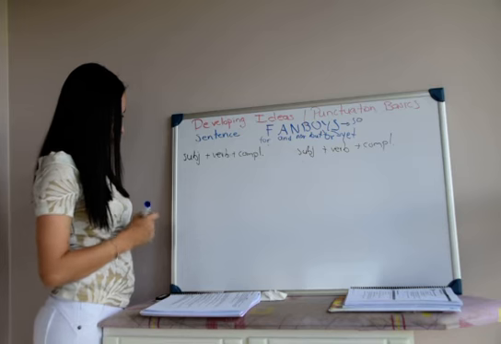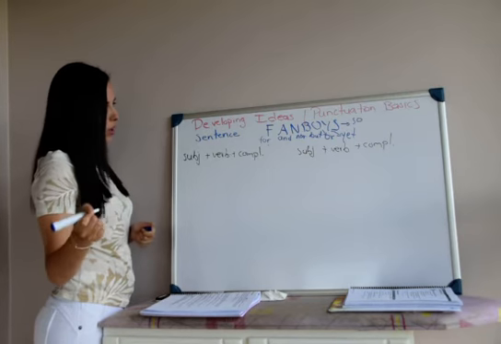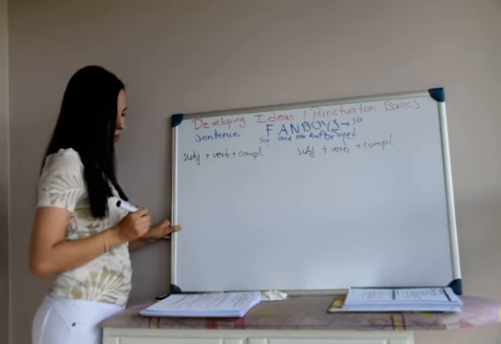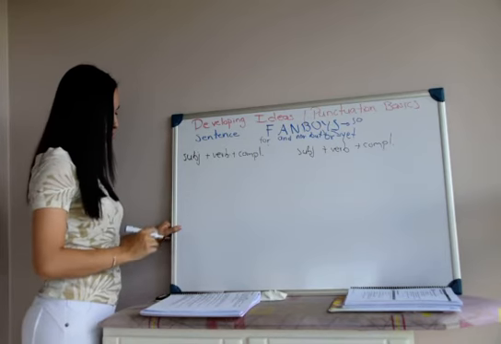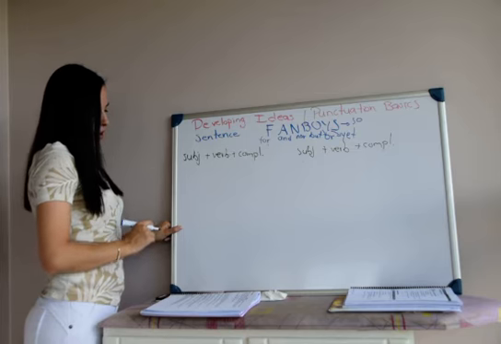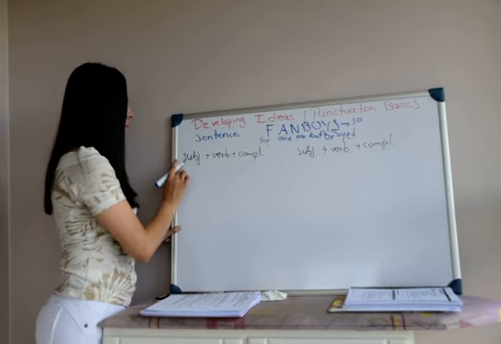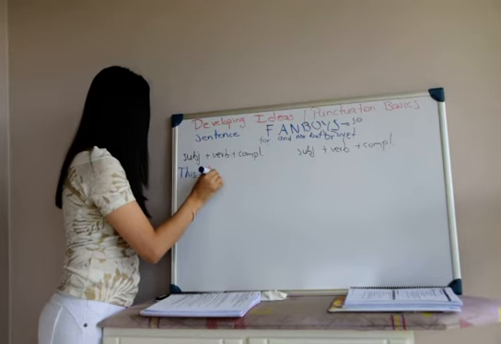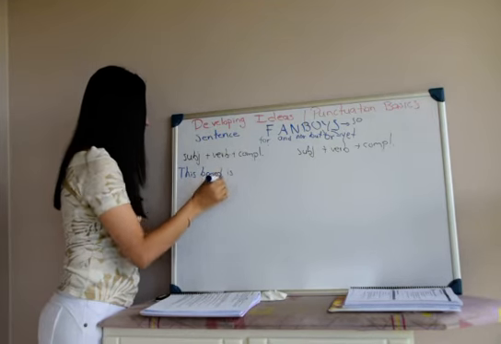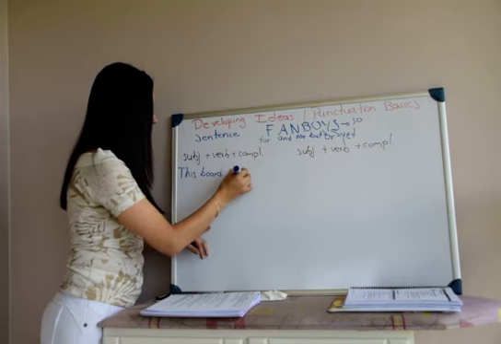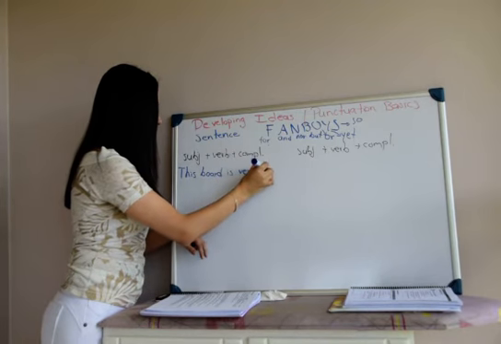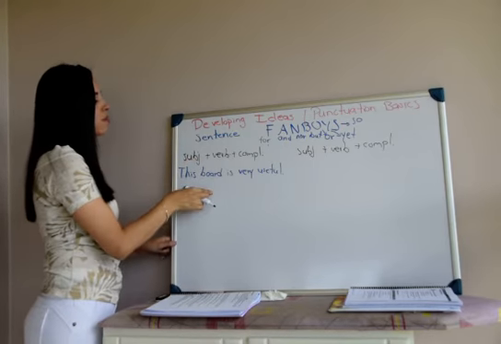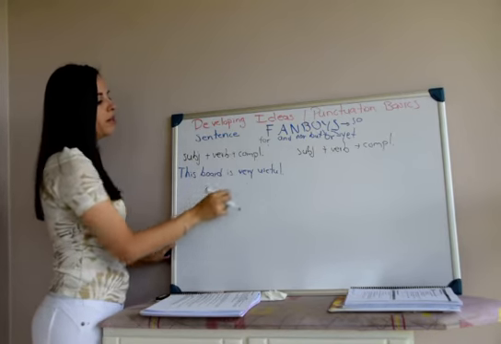So let me write some examples. I want to write it short, so I have space to write both sentences. Okay, this is a complete sentence. Subject, this board. Verb is, complement, very useful.